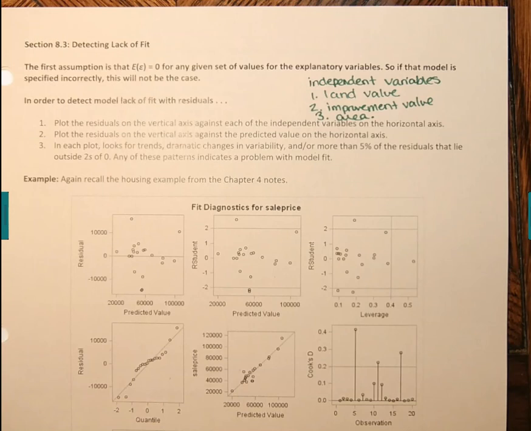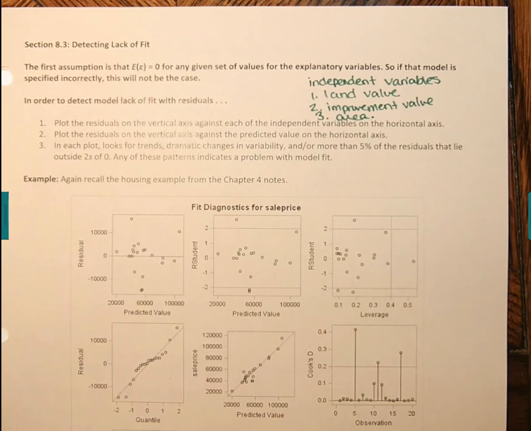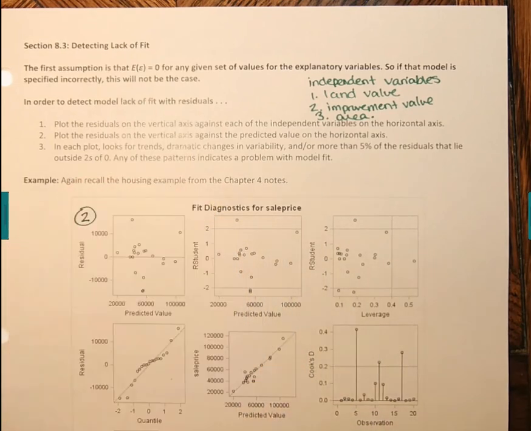So what we're going to look at first is actually the second one. So we're going to look at the plot of the residuals on the vertical axis against the predicted value on the horizontal axis. And that is given right here. So this is number 2 from up top. All right, and so again, we're going to look for trends, dramatic changes in variability, and/or more than 5% of the residuals that lie outside 2s of 0.